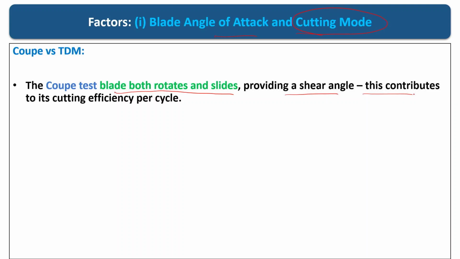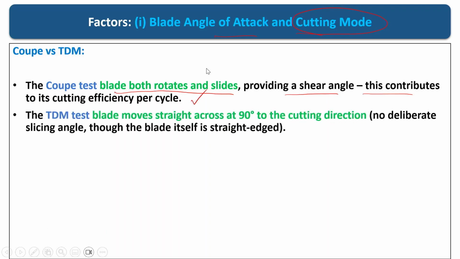This contributes to its cutting efficiency per cycle. And in the TDM method, the blade moves across at 90 degrees to the cutting direction. The cutting direction is, say, vertical and the blade moves at 90 degrees, and here no deliberate slicing angle is created, although the blade is straight edged.